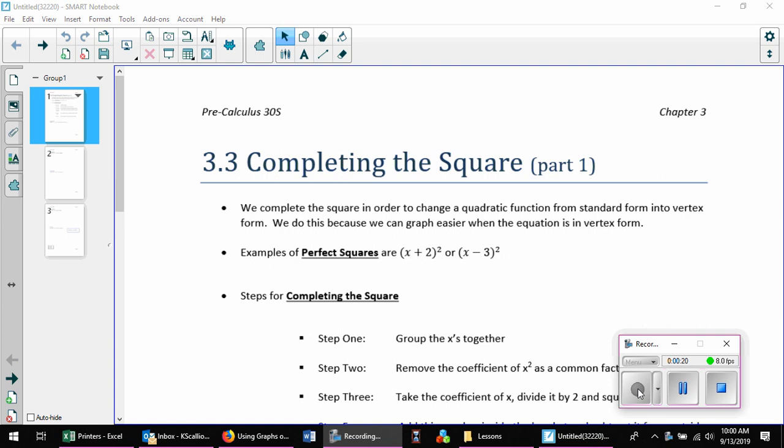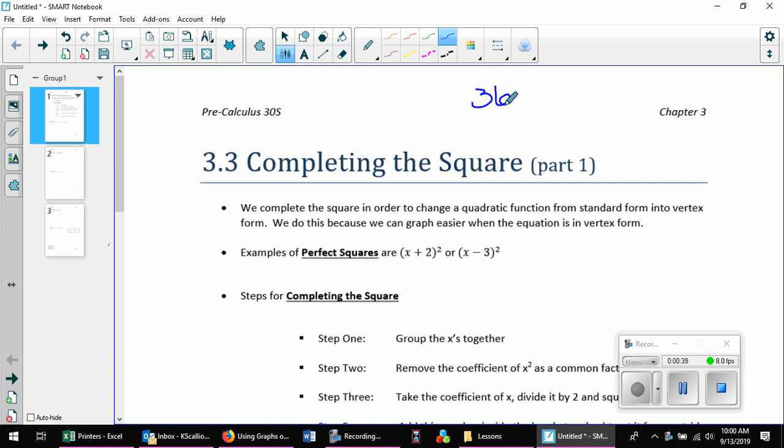Okay, so if you guys remember what perfect squares are, there's a bunch of them on the back. What are the perfect squares? Right, the two factors. So you would agree with me that 36 is a perfect square, right? Because its two factors are exactly the same.